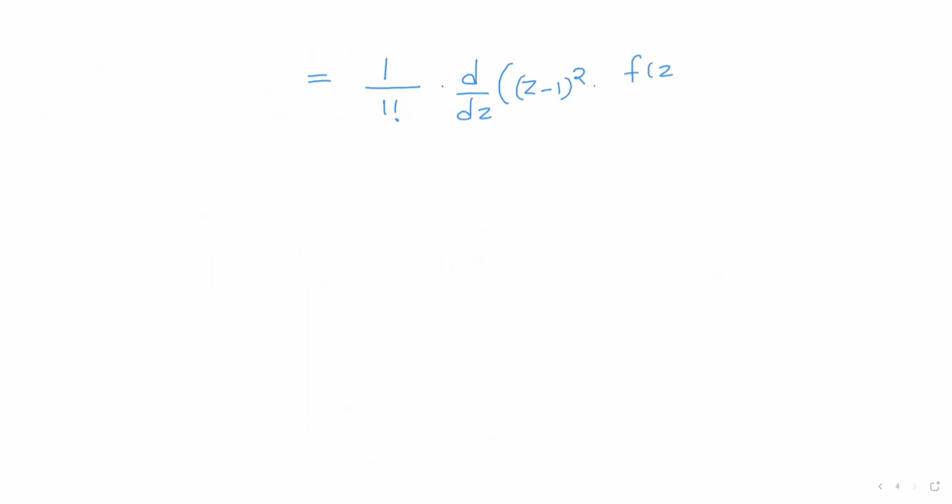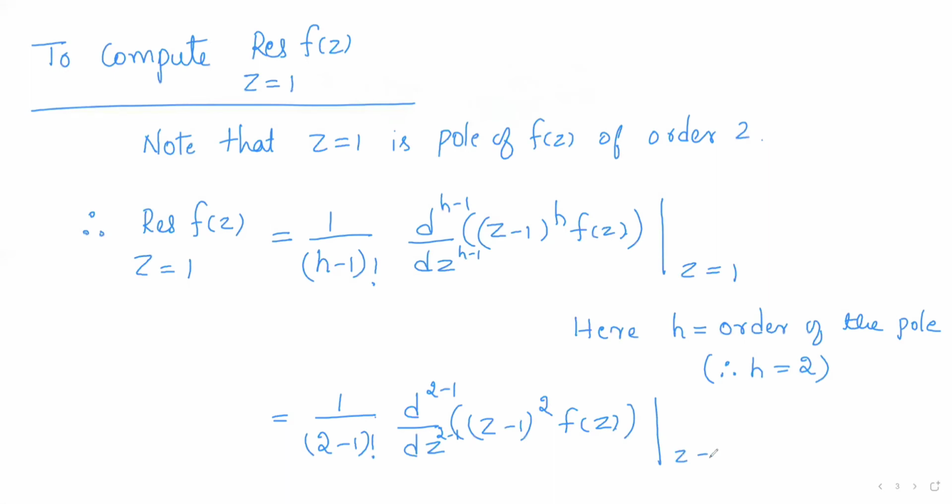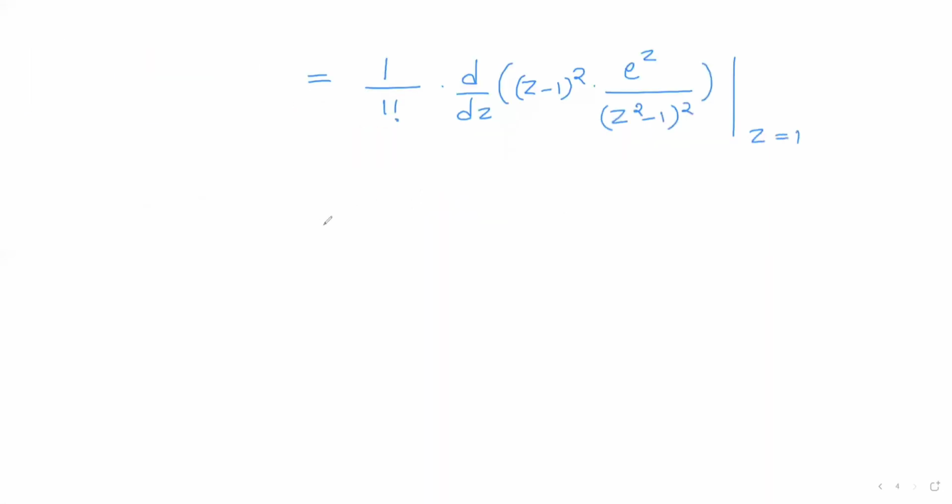So what is f of z? f of z is e to the power z divided by z square minus 1 whole square, at z is equal to 1. So 1 by 1 factorial is 1.